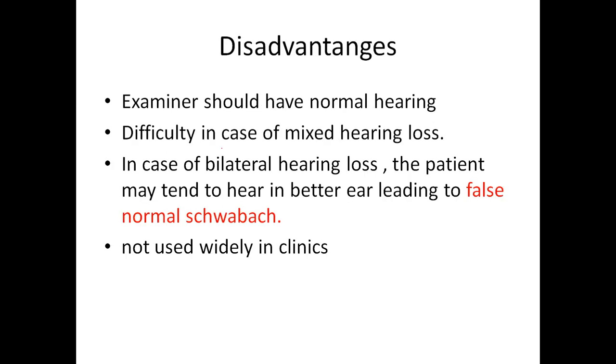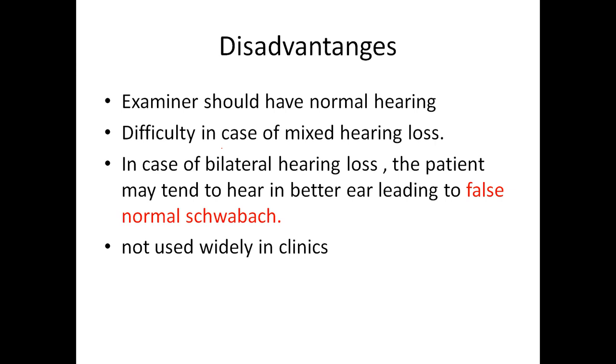So now the test is completed. What is the disadvantage? The examiner should have normal hearing, because we are going to compare the examiner's hearing with the patient's hearing. In case of mixed hearing loss, it is very difficult because we are only checking the bone conduction pathway.